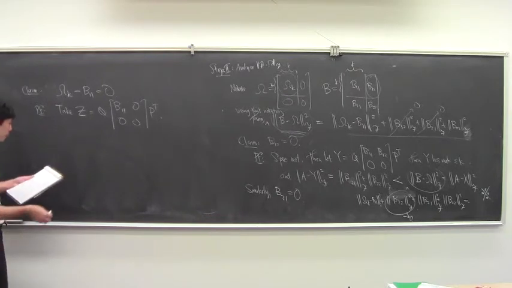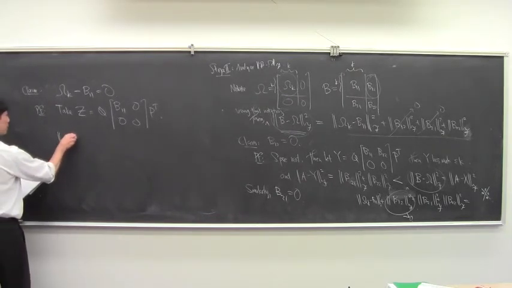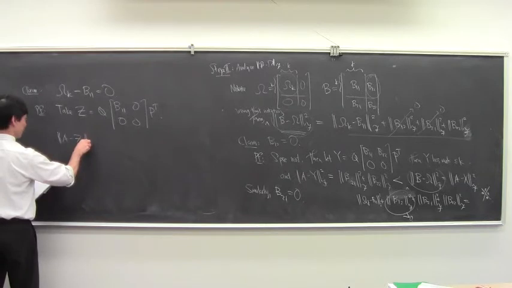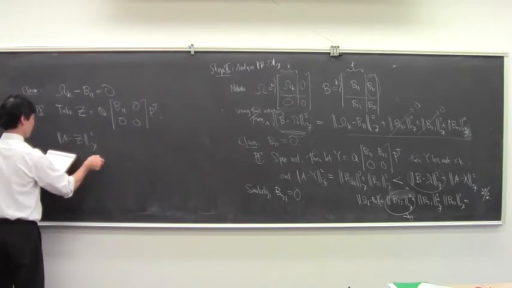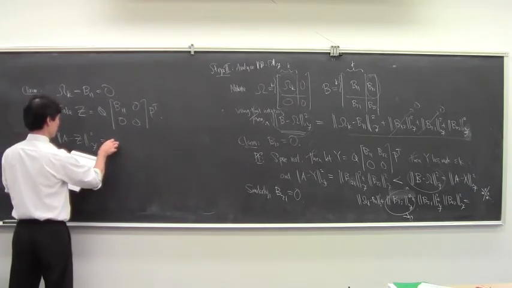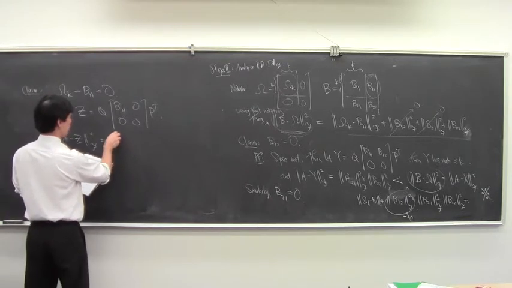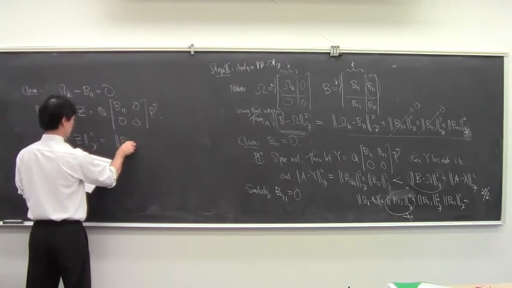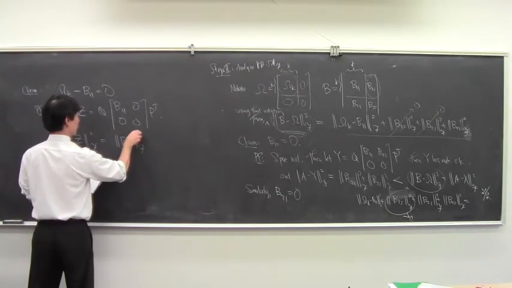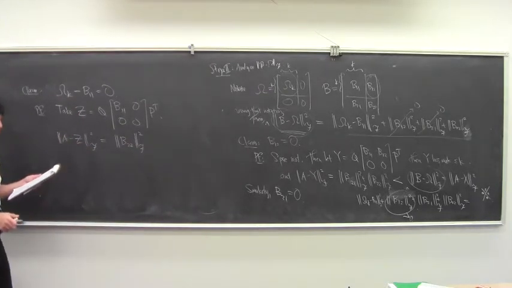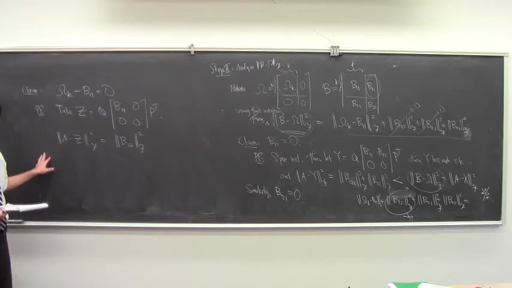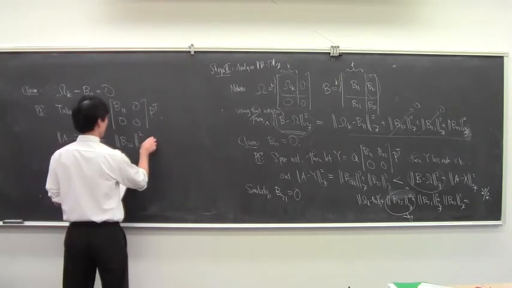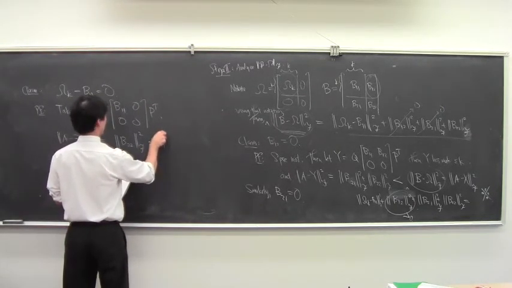And we'll play the same game as before. The distance of A to Z squared is going to be the norm of B22 squared. Again, we're going to say the same thing.